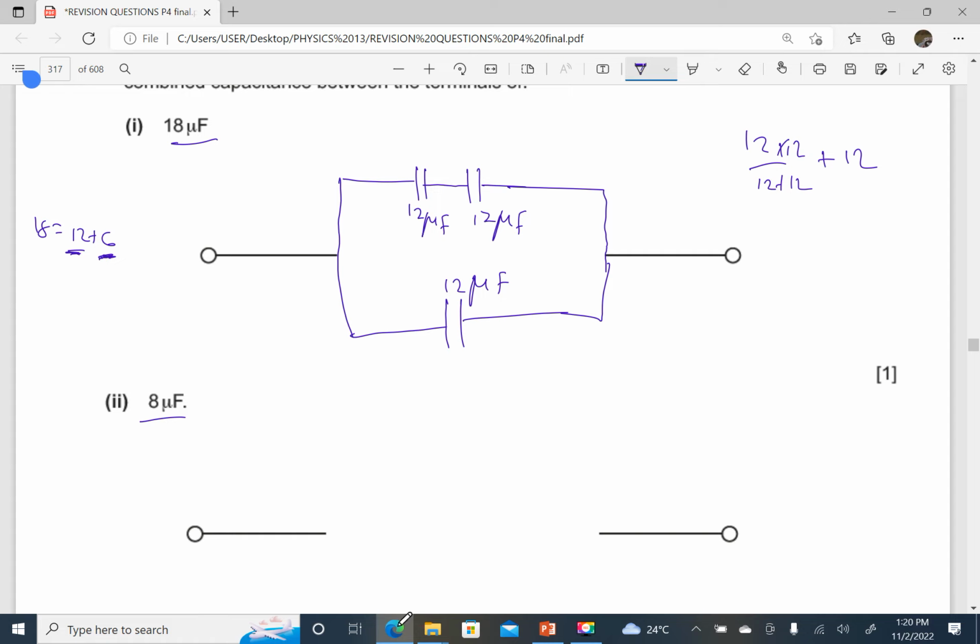Let me check. 12 times 6 over 12 plus 6, that is 12 times 6 divided by 18, that is 4. So how about if I say 12 plus 12, that is 24 times 12 divided by 24.